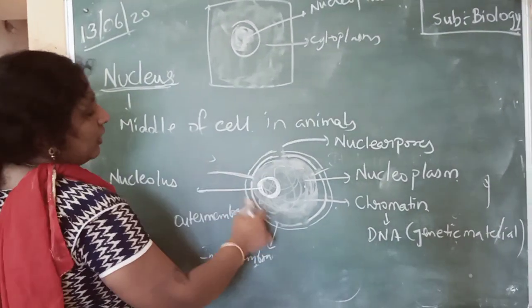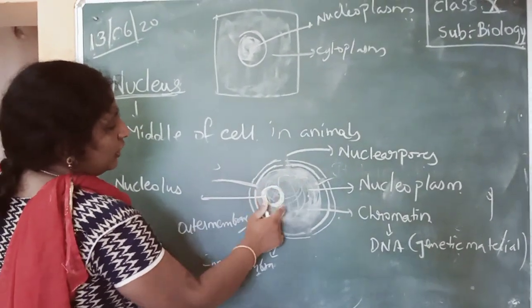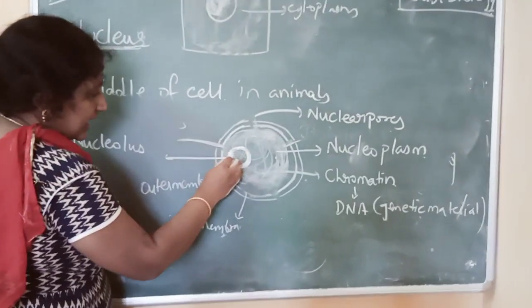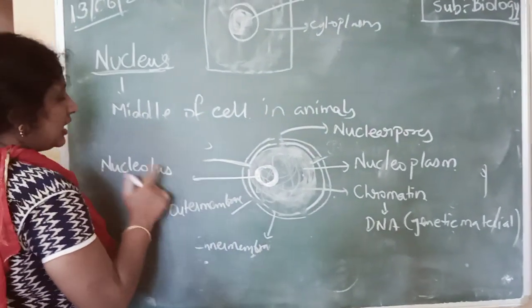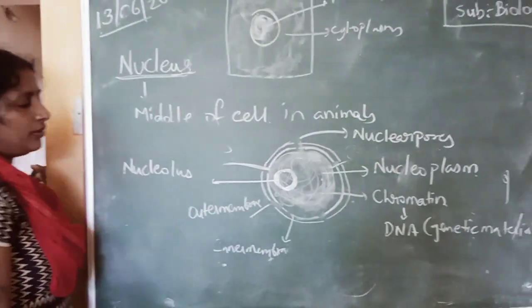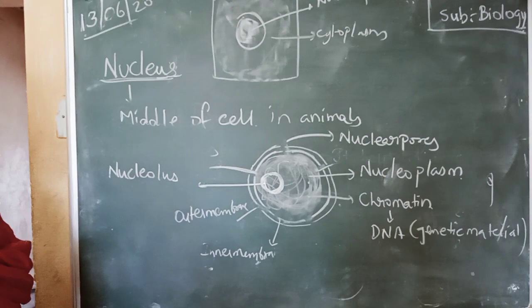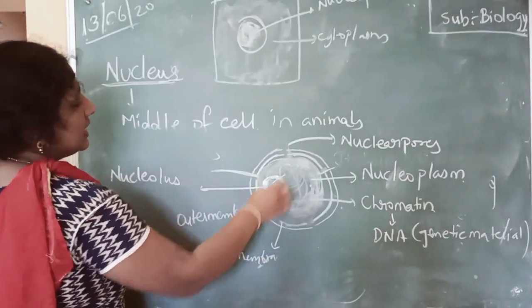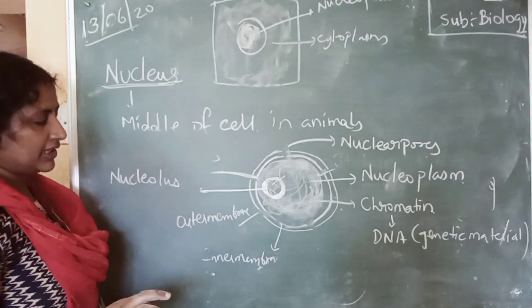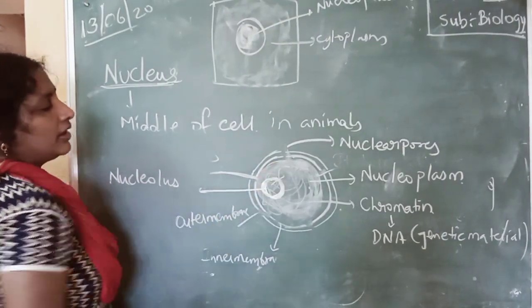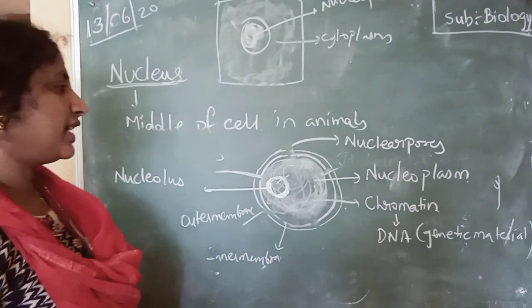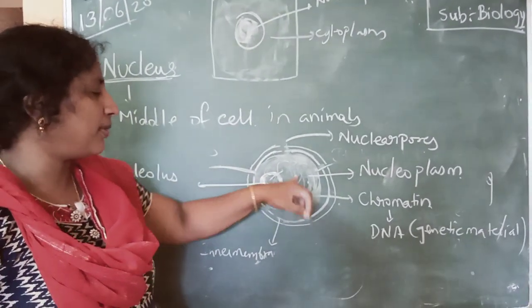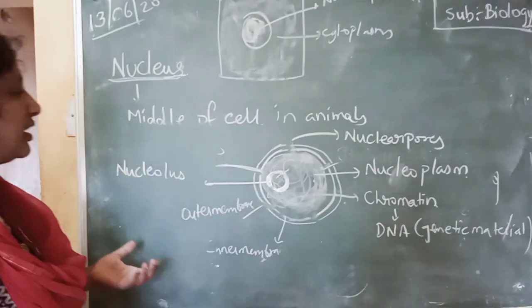So inside the nucleoplasm, the thread-like structure chromatin is present, and also a dense ball-like structure called the nucleolus. The nucleolus synthesizes some proteins which are very important for the nucleus to do its function.